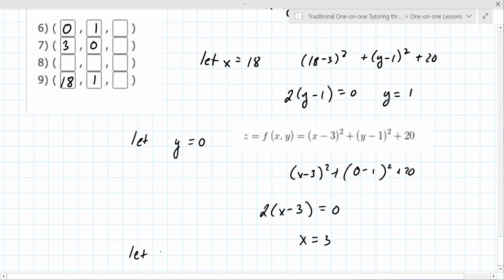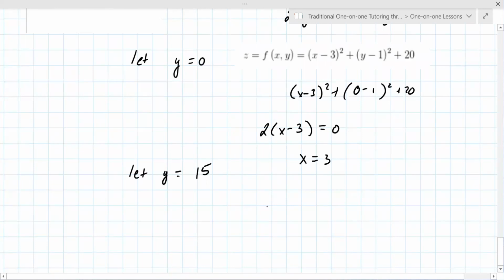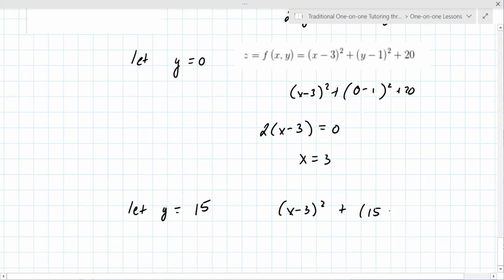And then you let y equal 15, I think. Yes, there it is. Again, it's very repetitive, but it's x minus 3 squared plus 15 minus 1 squared, but that's a number. So you take your derivative, set that equal to 0, and x is 3. So it's 3, 15.